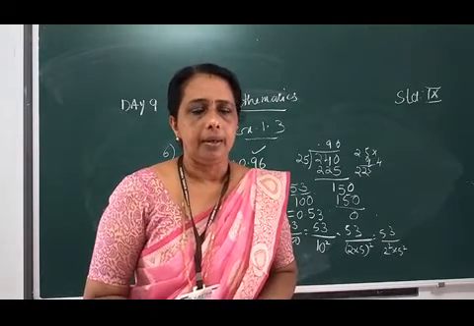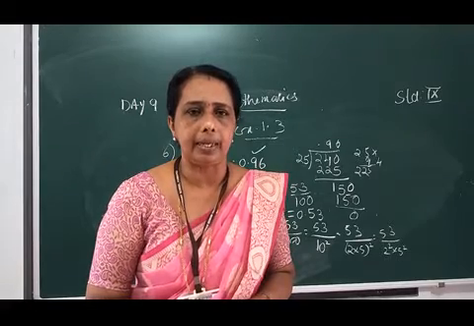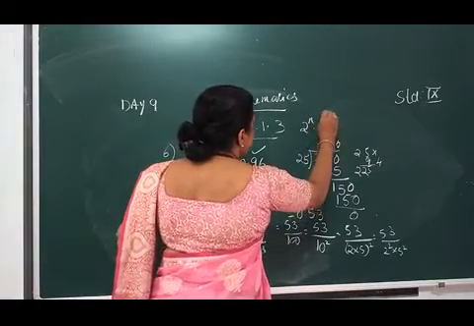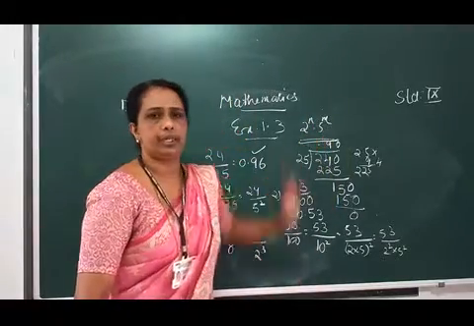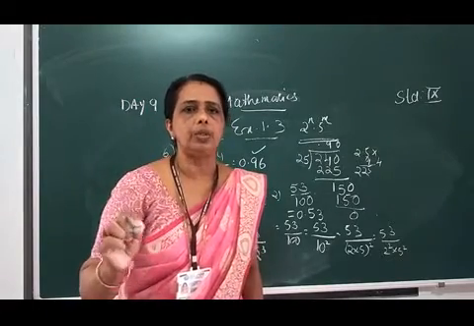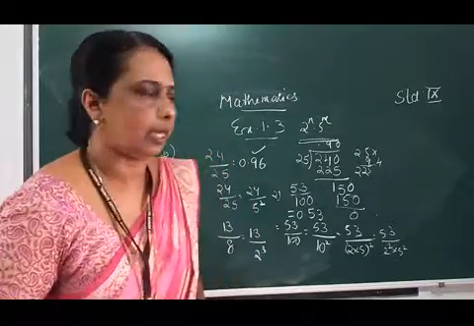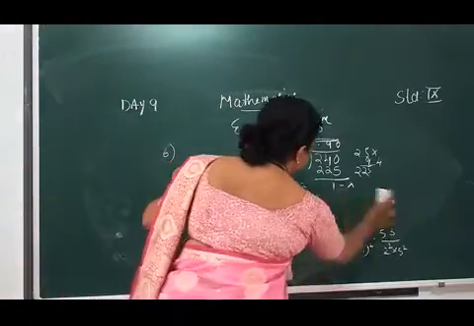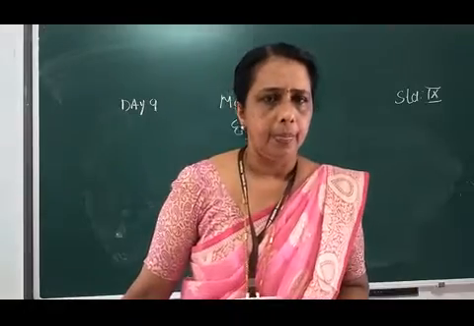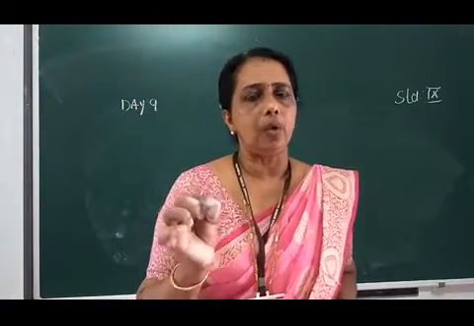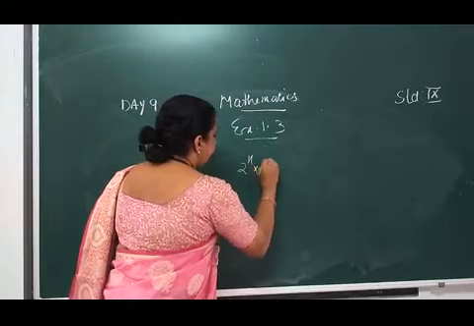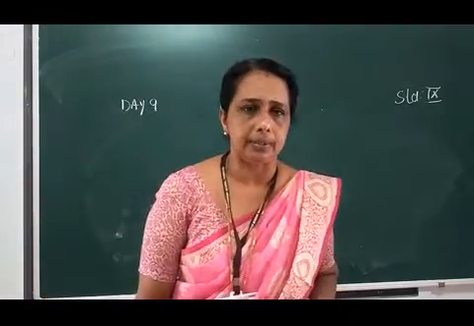So generally we can say that if the given rational number's decimal expansion is terminating, then the denominator q is in the form 2 raised to n into 5 raised to m, where n and m are non-negative integers, that means 0, 1, 2, 3, 4, etc. In 10th class you will study the proof of this theorem. Here we only have to understand that if the given rational number's decimal expansion is terminating and p and q are co-prime numbers, then the denominator q is in the form 2 raised to n into 5 raised to m, where n and m are non-negative integers.